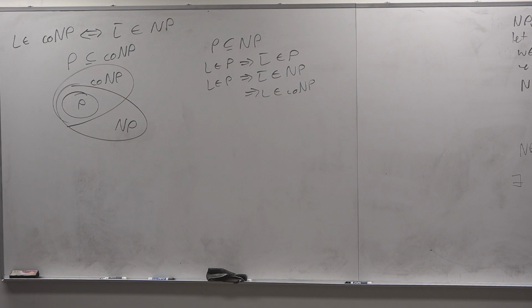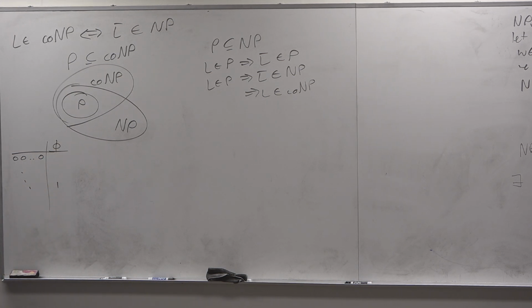For example, we know SAT. We won't define SAT exactly right now, but you may remember some of this. A logical formula is satisfiable if there exists a satisfying assignment. You can convince someone that there is a way to plug and chug an assignment into those variables such that it gives you a true at the end. So what we're really asking, in some sense, is in the truth table, does there exist a 1 here?